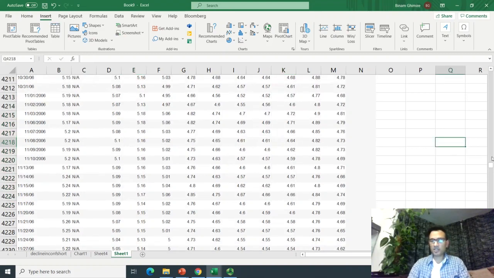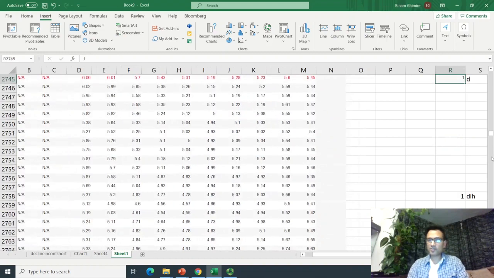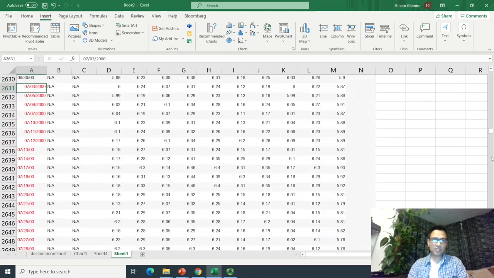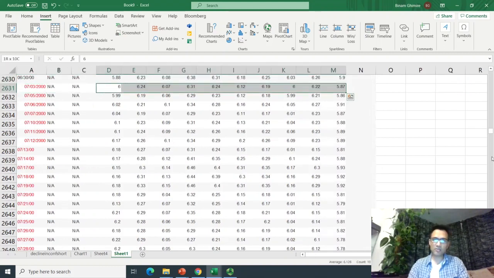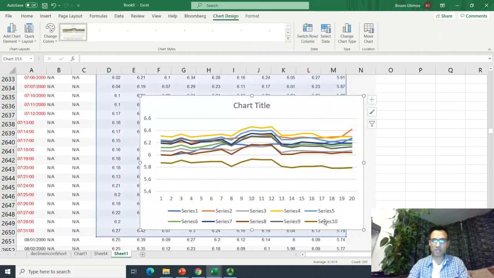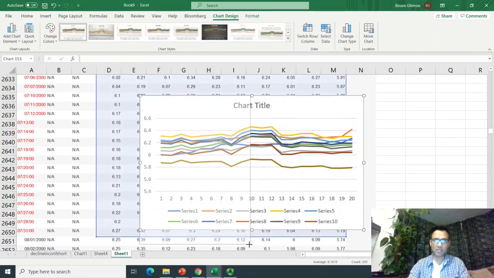Another shape of the yield curve I want to present is related to the humped yield curve, and that's something we can see here on July 2000, and that's the data I'm using to make the humped yield curve. So that's something you can see here.